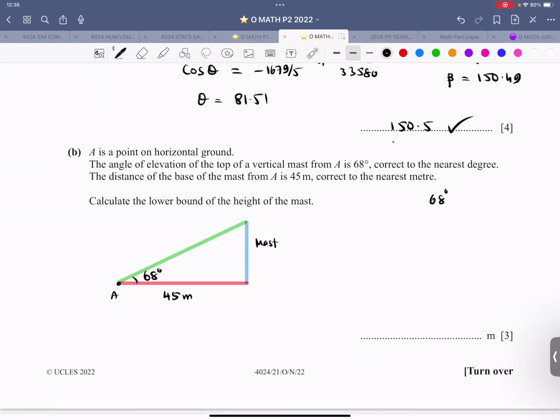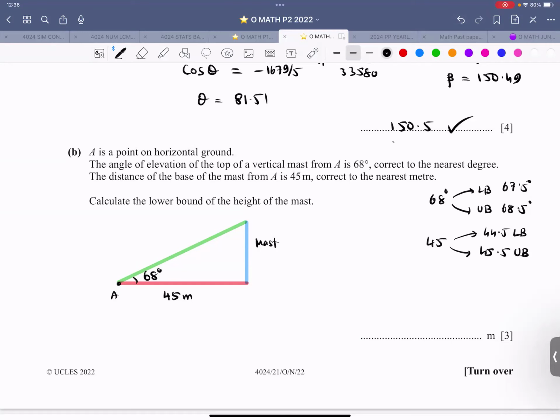So now 68 degrees, correct to the nearest degree, the lower bound is 67.5 degrees, upper bound 68.5 degrees. And the 45 meters, the lower bound is 44.5, and this is 45.5, the upper bound.